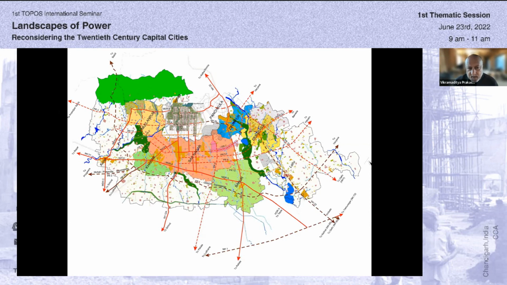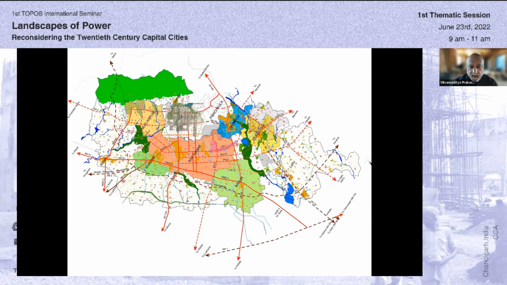But in the last 20 years, with the rise of neoliberalism and globalization, there has been a huge amount of pressure for growth on the city, which is mostly because Chandigarh is successful, because it is a city which has extremely high real estate values compared to a lot of other areas in northern India. And that is producing growth all around.